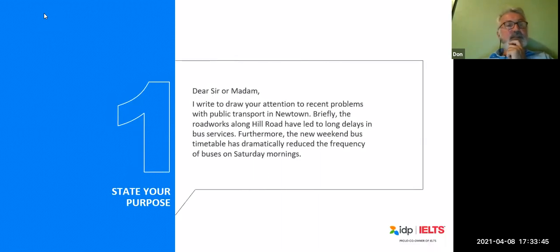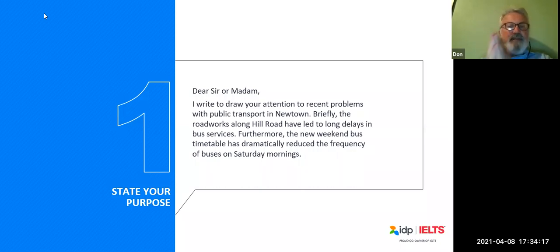This person, of course, begins the letter by stating the purpose of the letter. This is what you must do. Why are they writing? Answer: I write to draw your attention to recent problems, plural, with public transport in Newtown. Briefly, the roadworks have led to long delays.